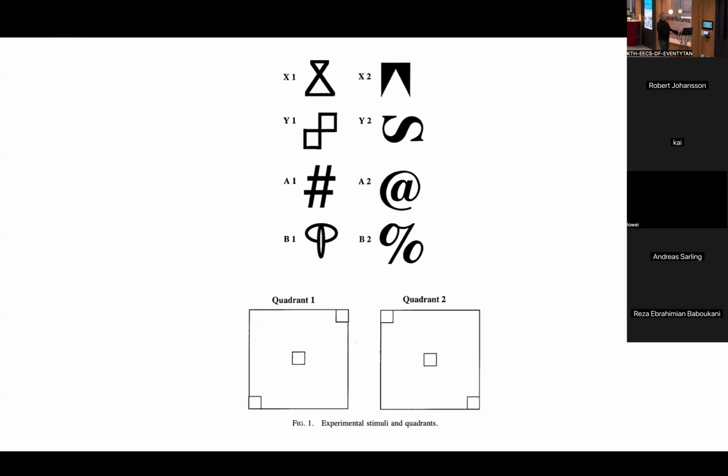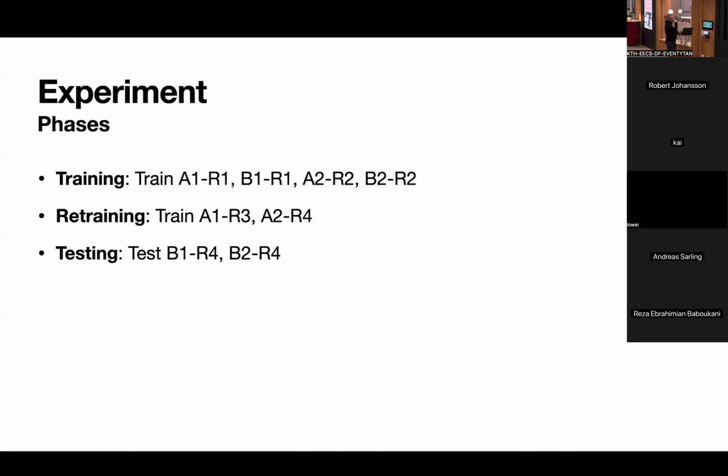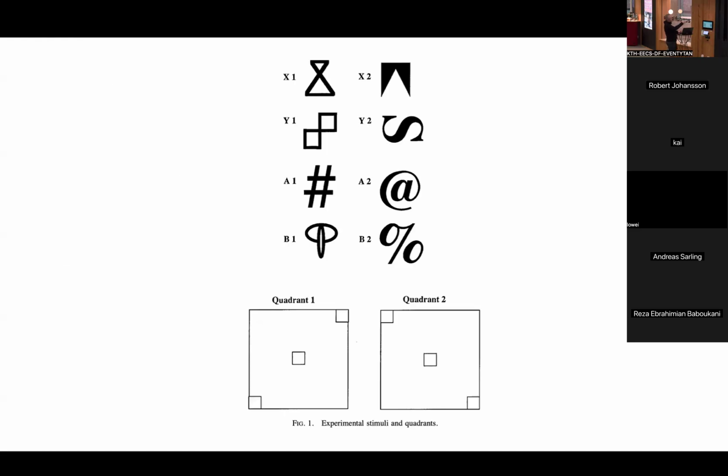They trained that both A1 and B1 should be put in the top right corner, and both A2 and B2 should be put in the bottom left corner.